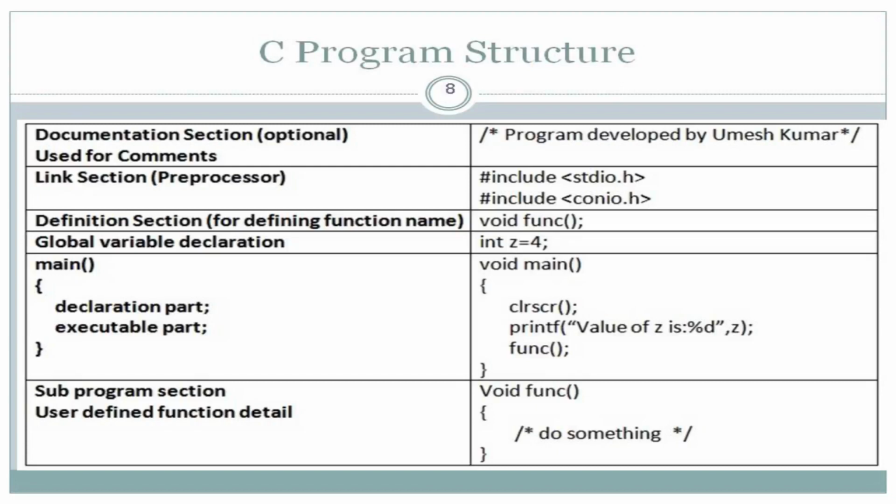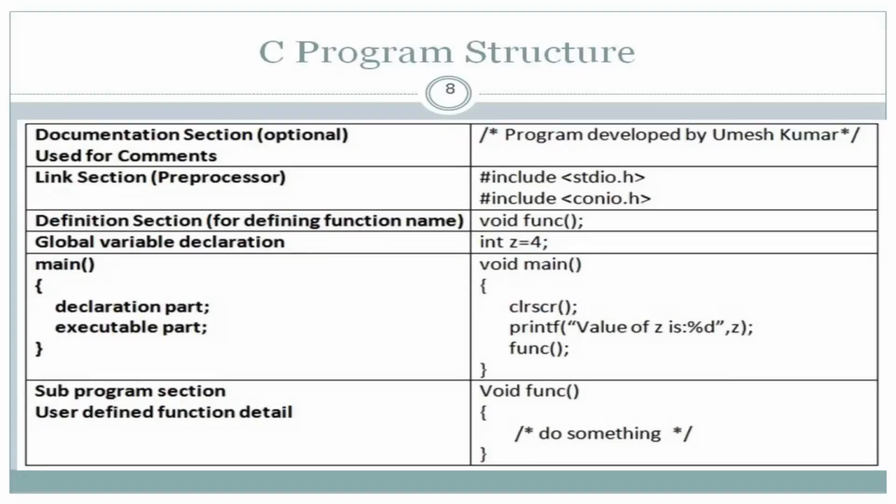The second part is the link section. It is also called the preprocessor part. Here we can include external files. The third part is the definition section. Here we define functions. After that, we can define global variable names, and after that the main function starts. This is the only part where the statements of C language are executed.